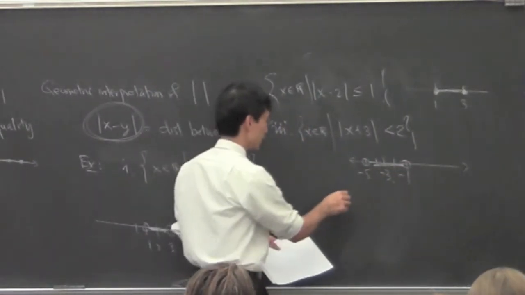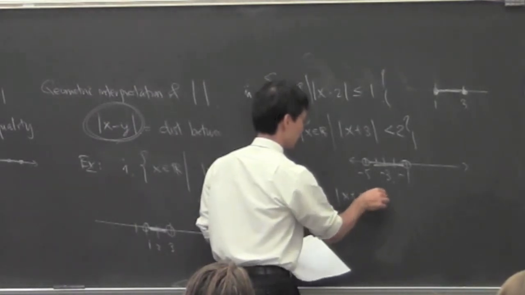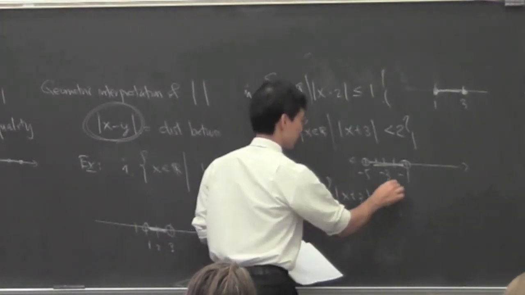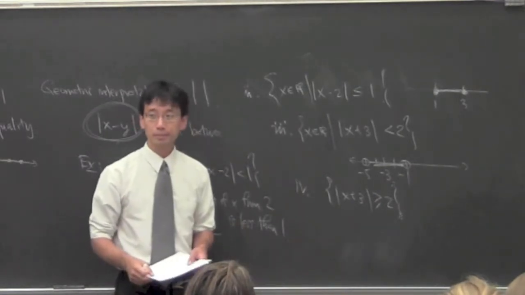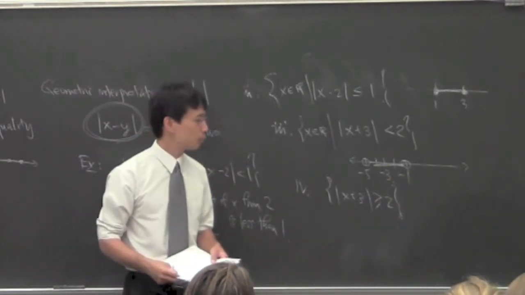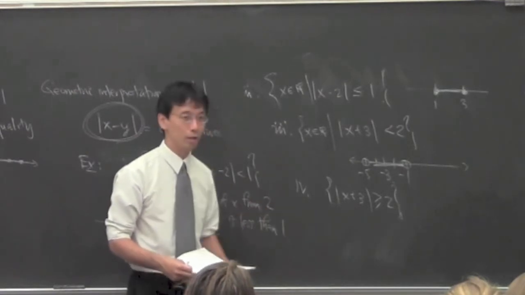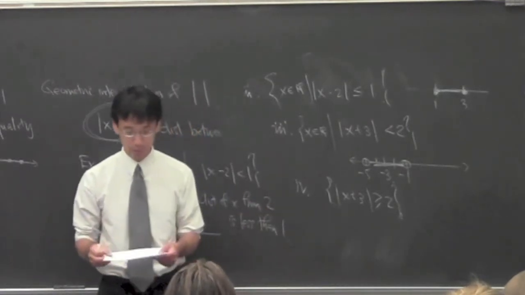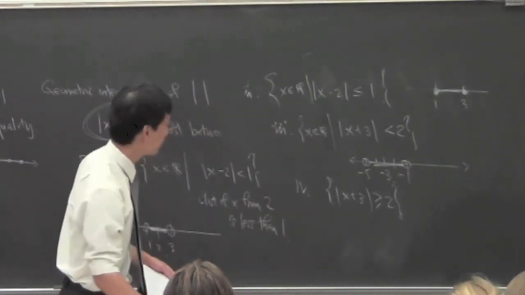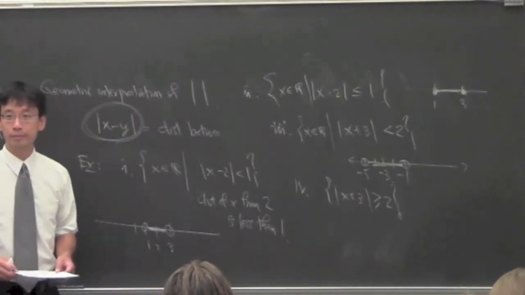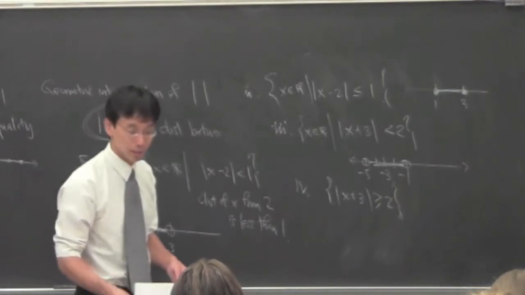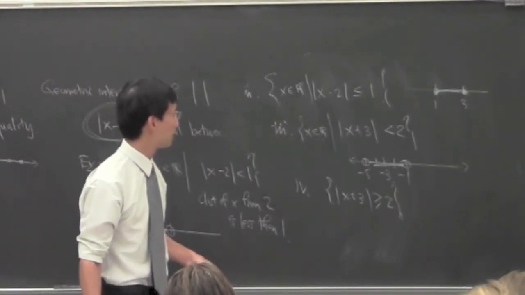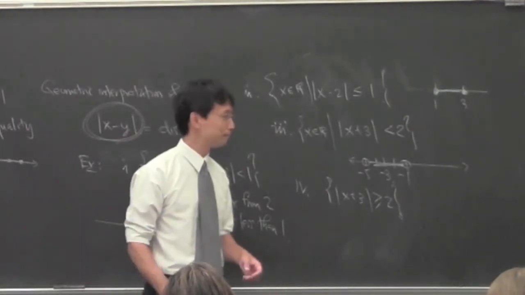Right? And last one. Take 10 seconds and draw a number line and the set, please. Yes, the distance to -3 is less than 2.